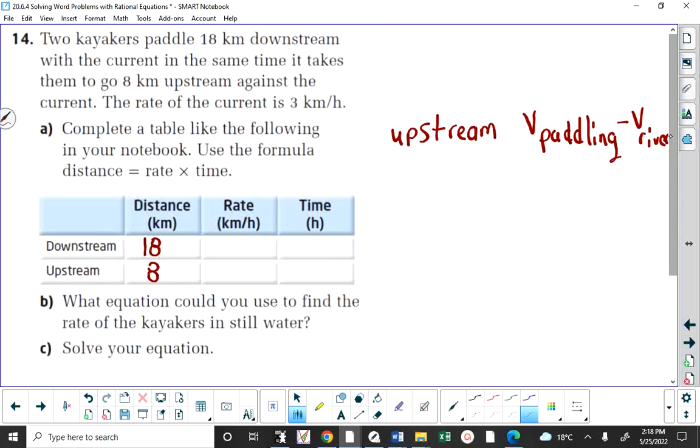Right? I think it was 6 meters per second they could paddle at. So we had 6 minus x when they were going upstream. When you're going downstream, the water is helping you out, which means it's going to be the speed that you paddle at plus the speed of the river.